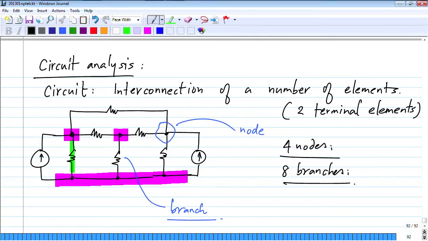So, how many variables are there to be solved for? Perhaps the question is not clear. Maybe I will pose it as multiple choice so that everybody can take another shot at it.